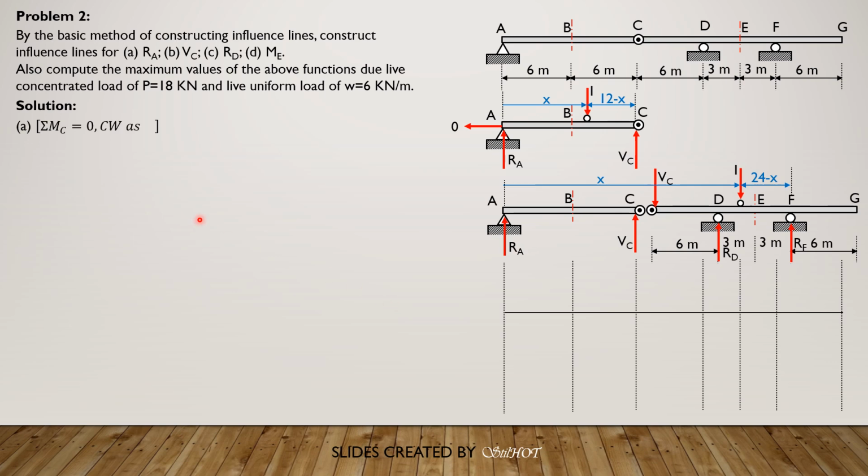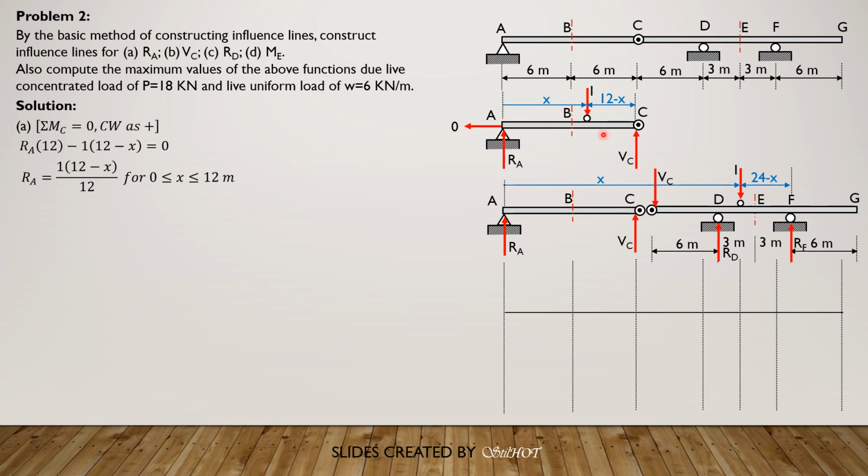So summation of moment about C equals 0, clockwise as positive. For this free body diagram here, we have RA times 12 minus 1 times quantity 12 minus X equals 0. So R sub A is 1 over 12 times quantity 12 minus X. This is for 0 less than or equal to X less than or equal to 12 meters.